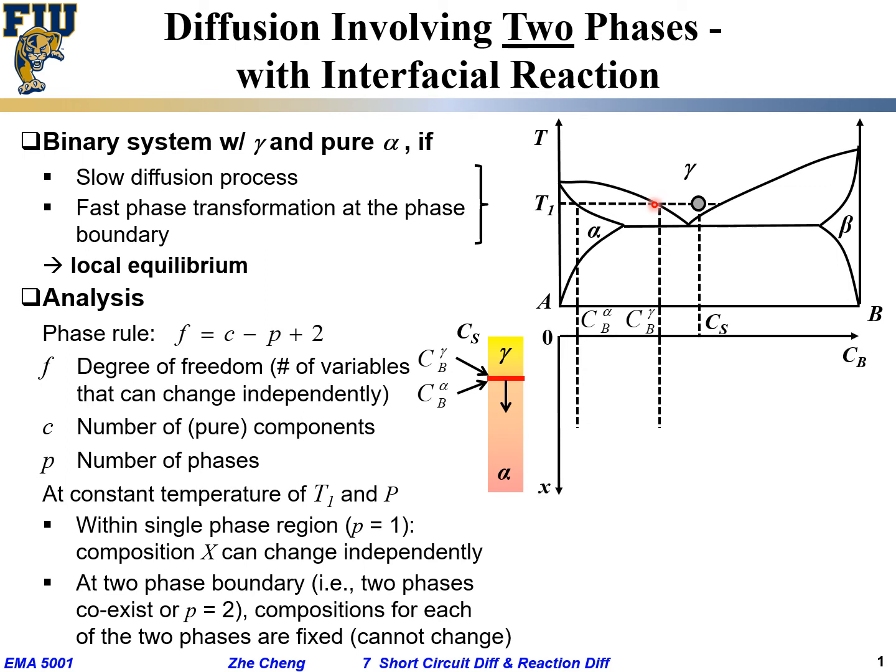I'll put it another way. We are going to draw what versus what. We are drawing, look at this coordinate frame. We are drawing what versus what. Location, X for location, versus composition or concentration. Pay attention. I'm drawing it the other way, which means now my horizontal axis is C, which matches the phase diagram, right?